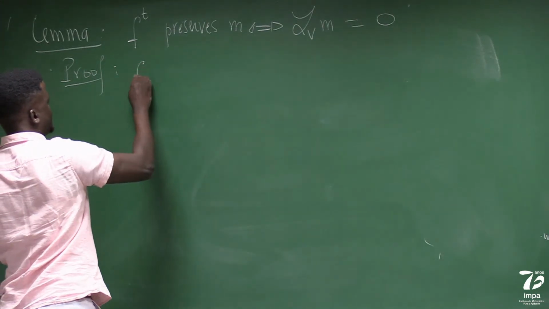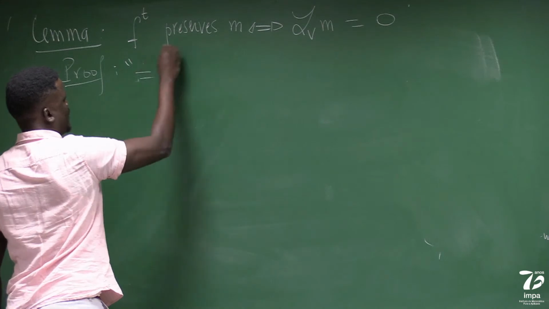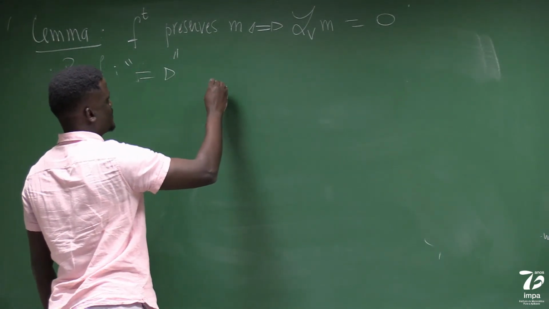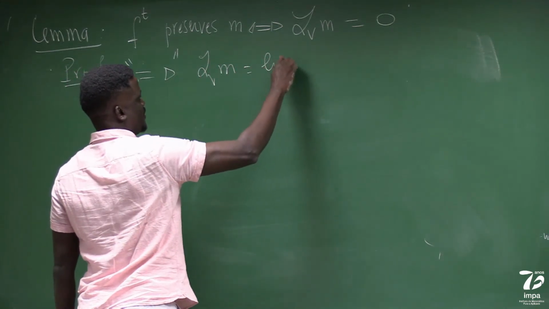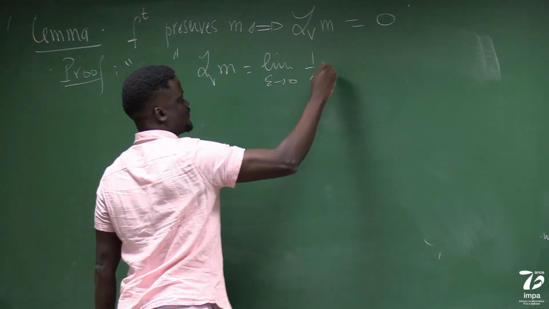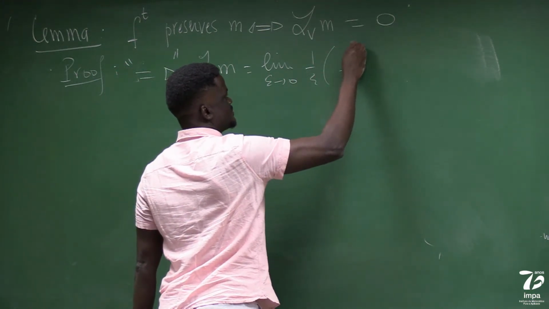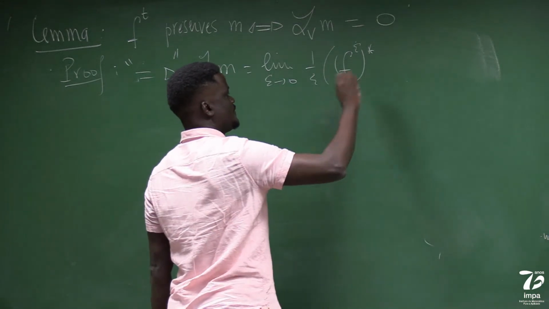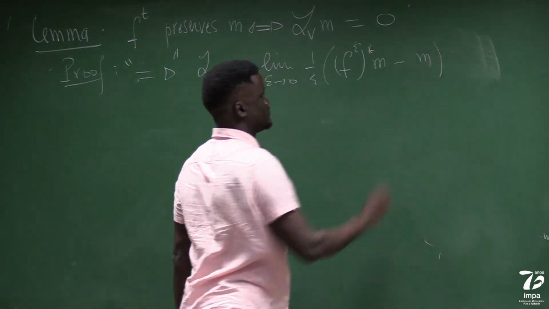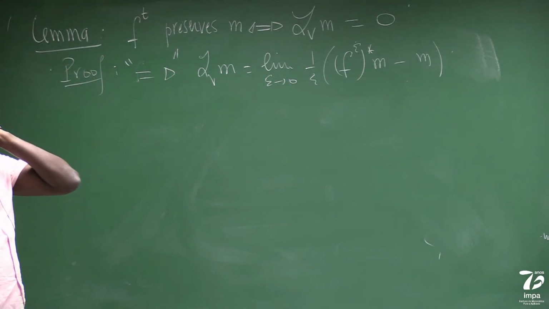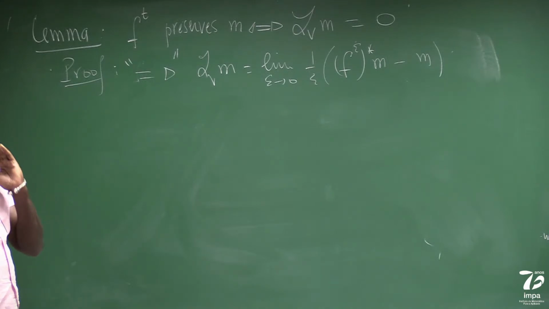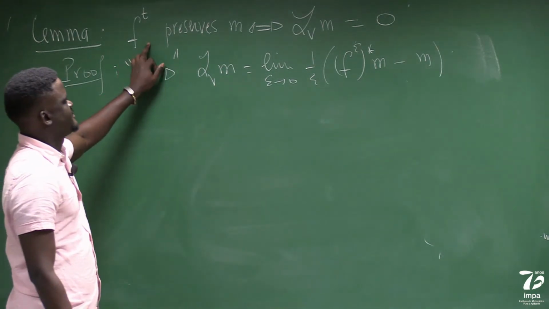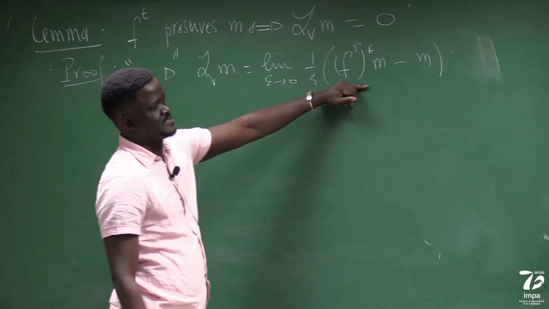The proof of this is actually easy. To prove this, you just look at what L_V M is: the limit when epsilon goes to 0 of 1 over epsilon times (F_epsilon star M minus M). This is just the definition of the Lie derivative. And F_t preserves M means that this is 0.